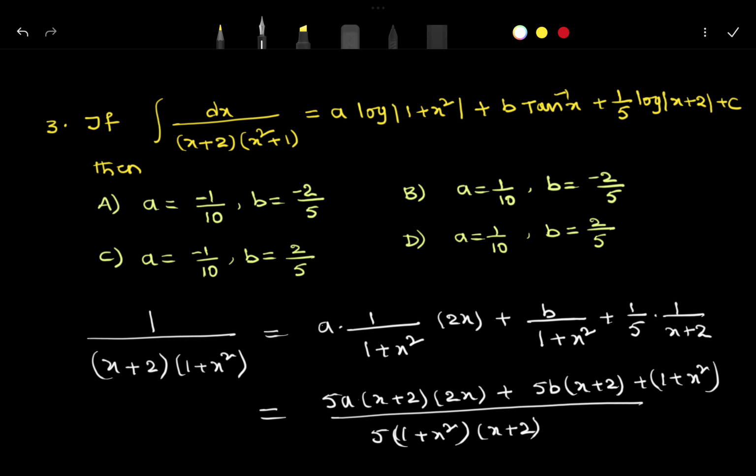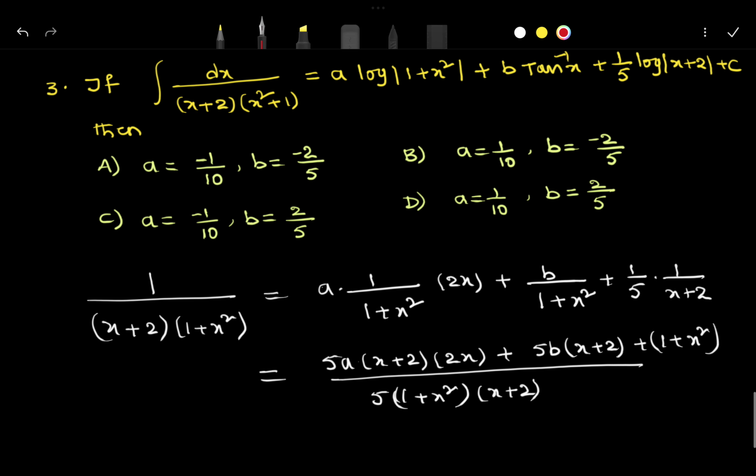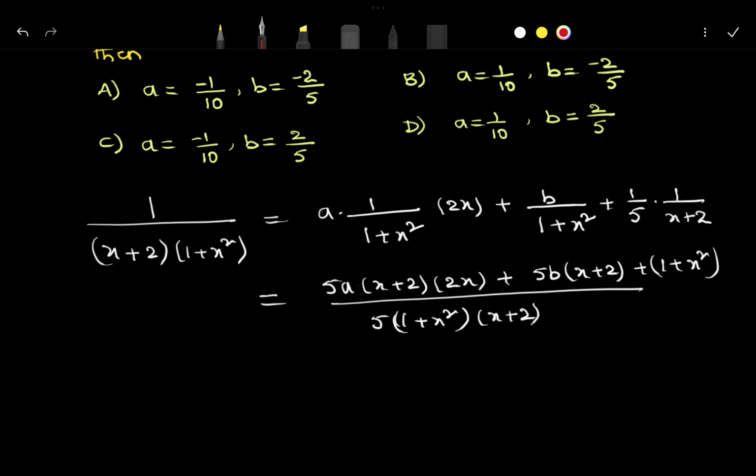So this is the numerator value. Left side and right side LCM are the same, so you cancel them. You will get 1 is equal to 10a into x into (x plus 2), plus 5b into (x plus 2), plus (1 plus x square).